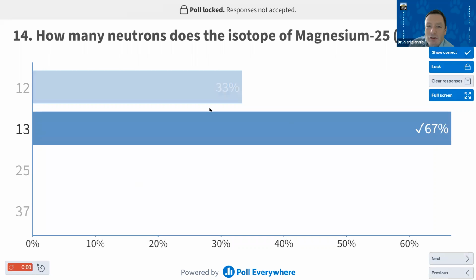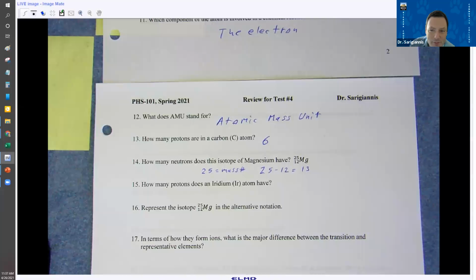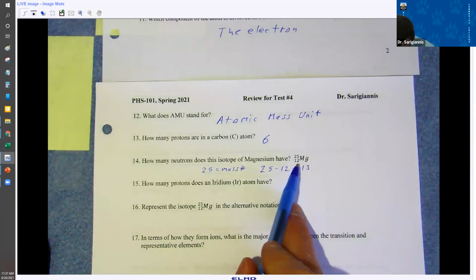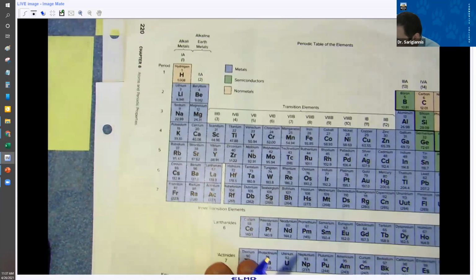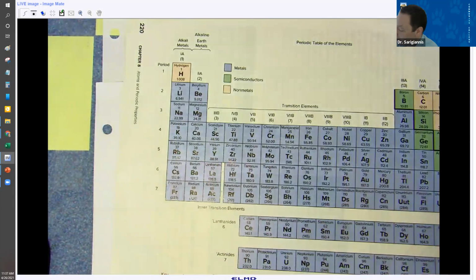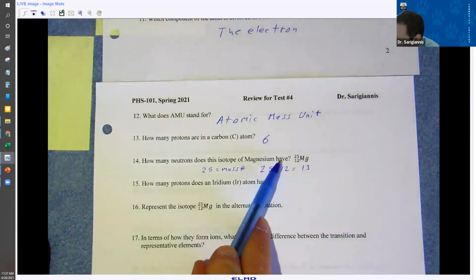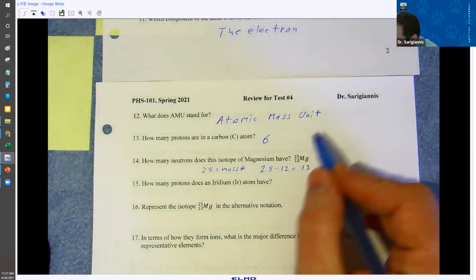13 is correct. Let's just go over that one real quick. I wrote it here like this, but if I wrote magnesium-25, I would go to my periodic table and look up magnesium and I'd see it has 12 protons, right? So the mass number is 25. The mass number is always greater than the number of protons. In the case of hydrogen, it could be equal to the number of protons, but in that case, you have no neutrons, so you don't have to worry about it.